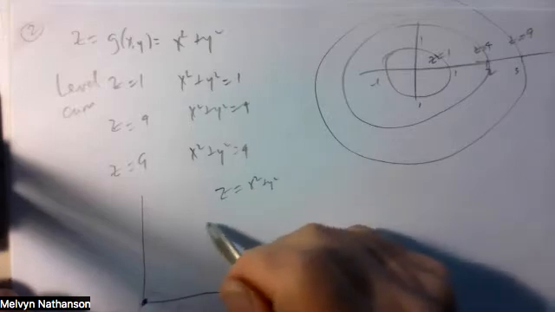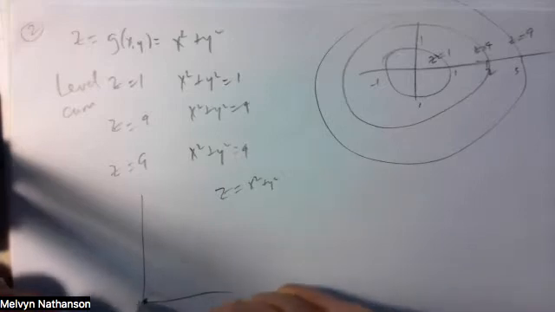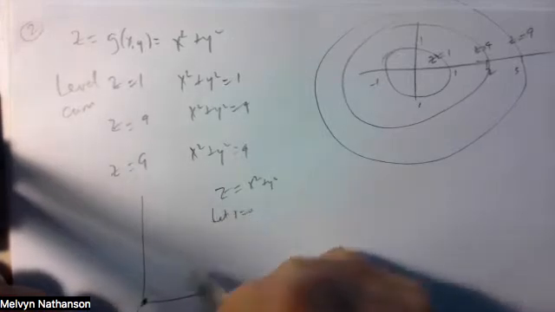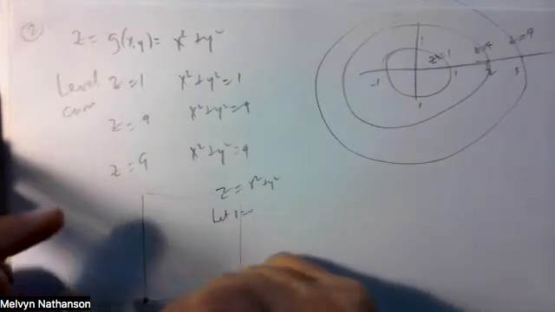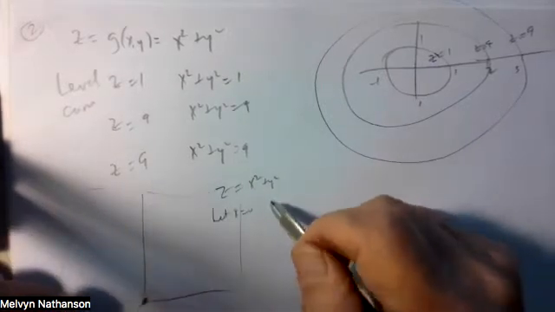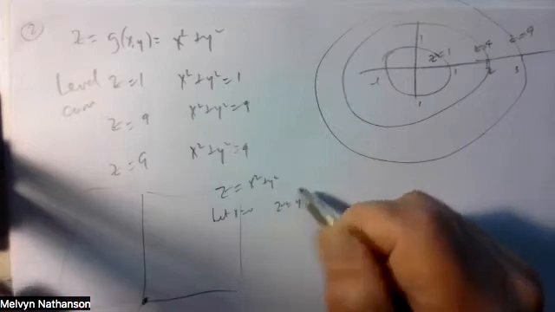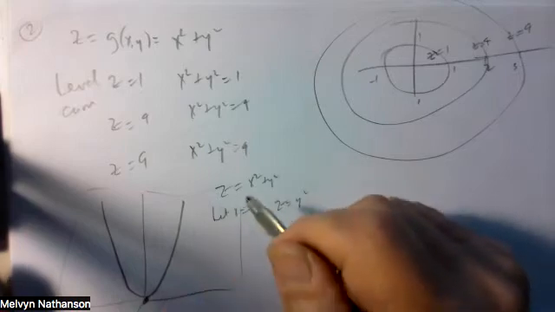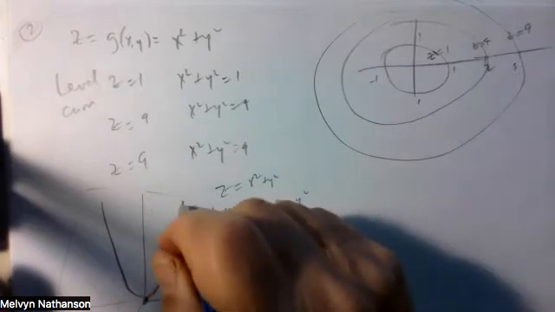In fact, let's say we let x equal 0. So in the YZ plane, those are the points where x is 0. This is just z equals y squared. It's just a parabola.